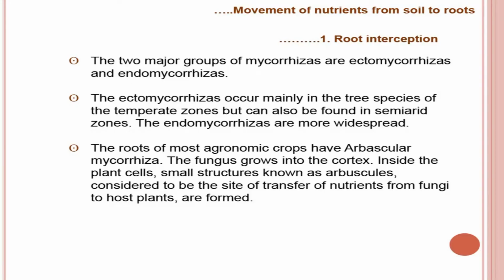The endomycorrhiza are more widespread. They are very common in our cereals or legume crops. And now the latest results suggest that mycorrhiza also help in the transfer of nutrients from cereal to the legume.